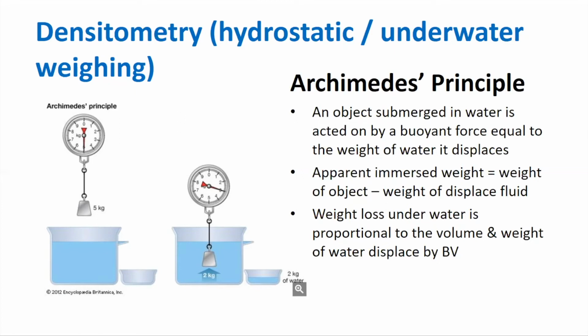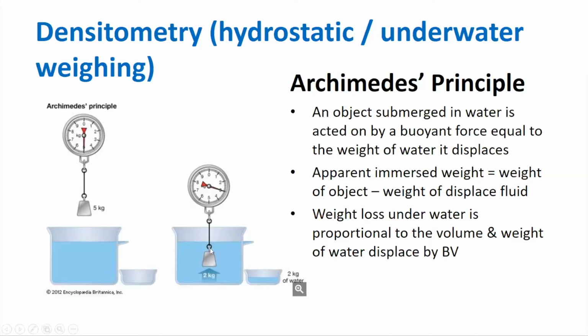So how we apply this in densitometry and underwater weighing is that an object submerged in water is acted on by a buoyant force equal to the weight of the water it displaces. For example, we have a 5-kilogram weight that was measured in air or on land, and then we submerge it underwater, and now we can see that the weight is 3 kilograms.